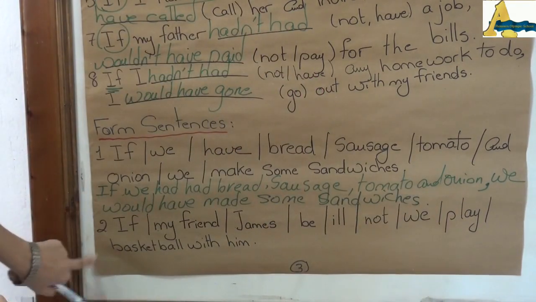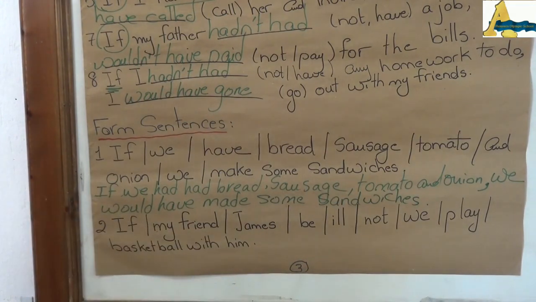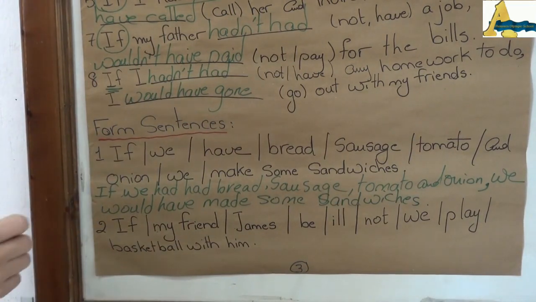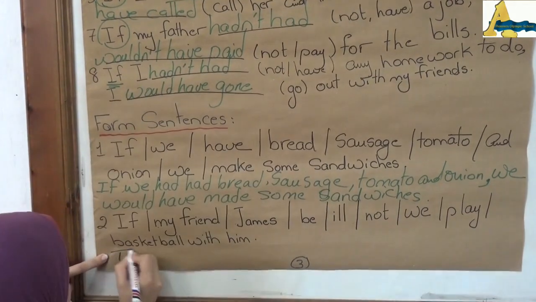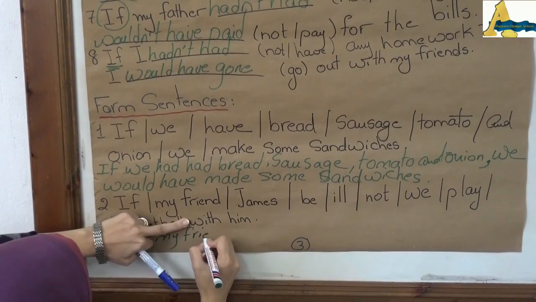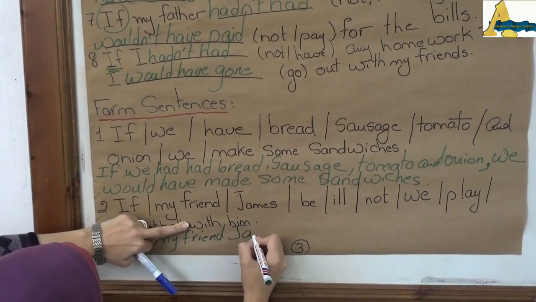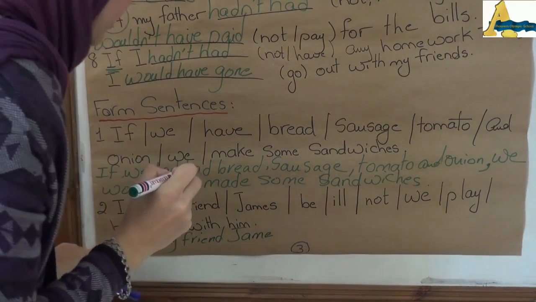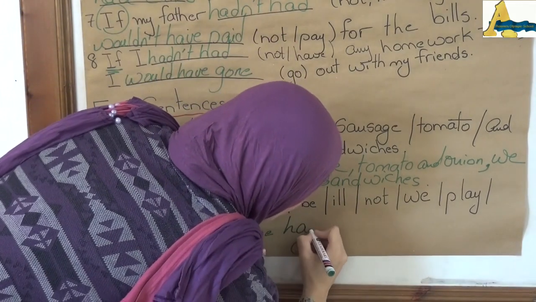The last sentence here: if my friend James be ill not, we play basketball with him. So it's going to be: if my friend James, what about him? Hadn't, because you have not.